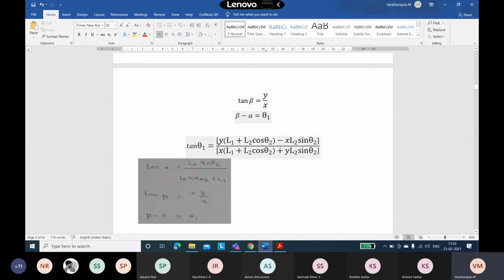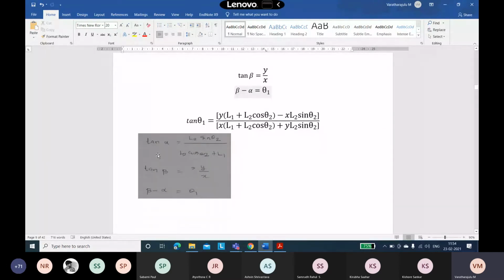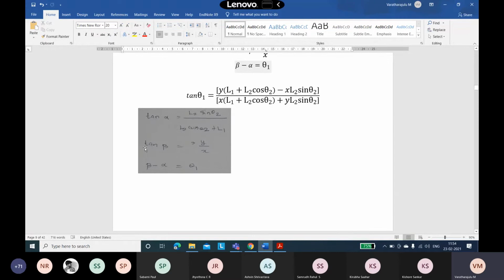Tan theta 1 is equal to y (L1 plus L2 cos theta 2) minus x L2 sin theta 2, divided by x (L1 plus L2 cos theta 2) plus y L2 sin theta 2. Already we have tan alpha, that is L2 sin theta 2 divided by L2 cos theta 2 plus L1. We have tan beta, and we know the relation between beta and alpha.